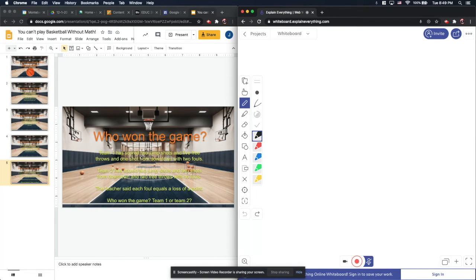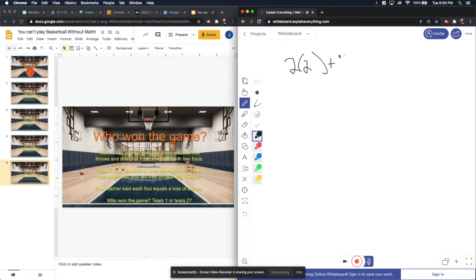So we already have some practice, so we can just kind of mentally take into place what type of shot is worth what value. So we have Team 1 has scored 2 jump shots, right? So we know jump shots are worth 2 points. So we're going to go ahead and put 2 times 2 plus, and then we have 5 free throws.